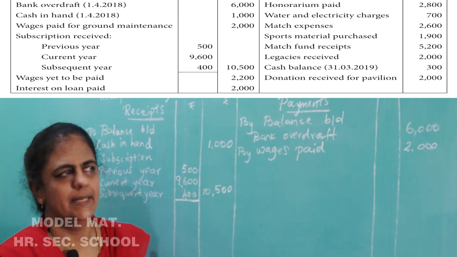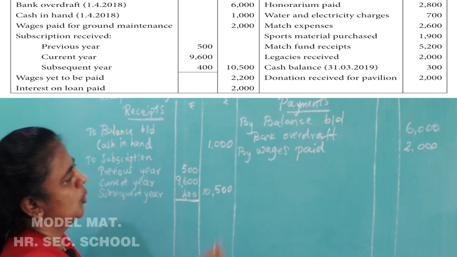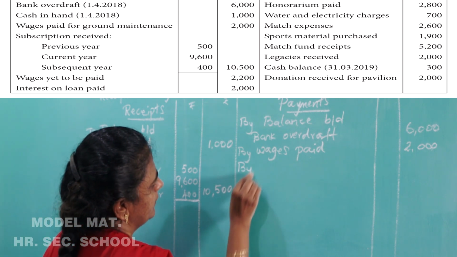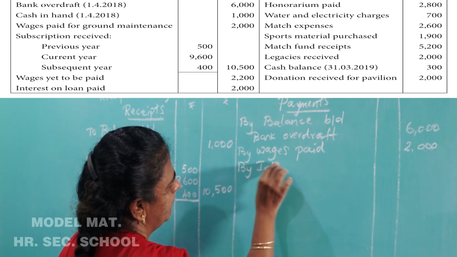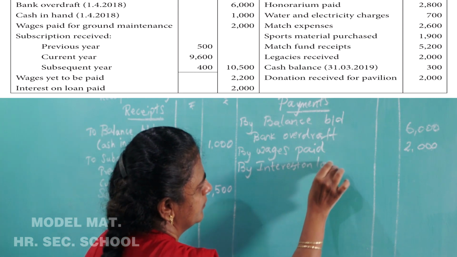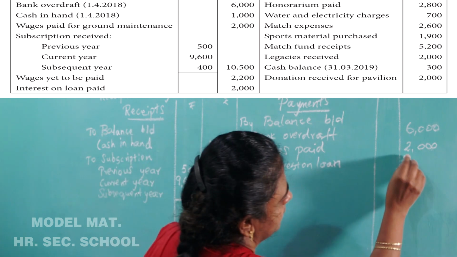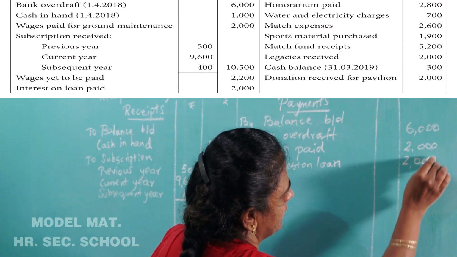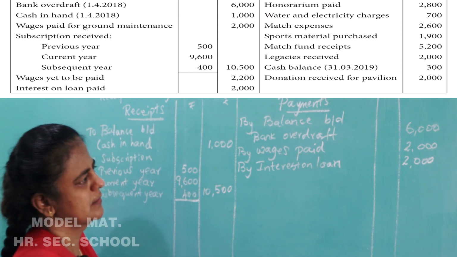Okay. Next, interest on loan paid, by interest on loan 2,000, that is also a payment.